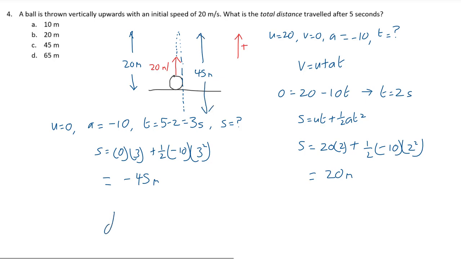Hence, in total, after 5 seconds, the total distance traveled by the ball is 20 plus 45, or 65 meters. If the question had instead asked us to find the total displacement, it would have been 20 minus 45, which would be minus 25. The ball would have been 25 meters below where it started.